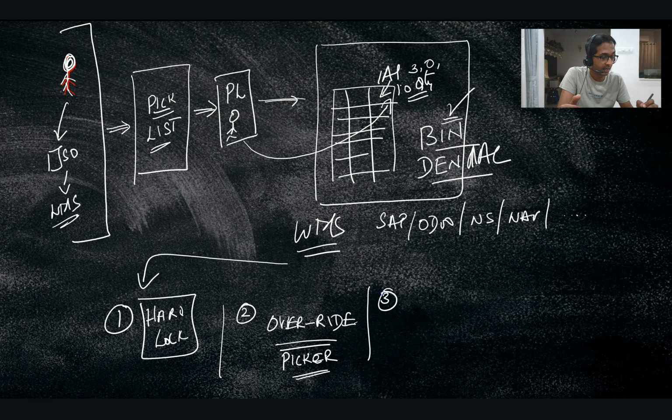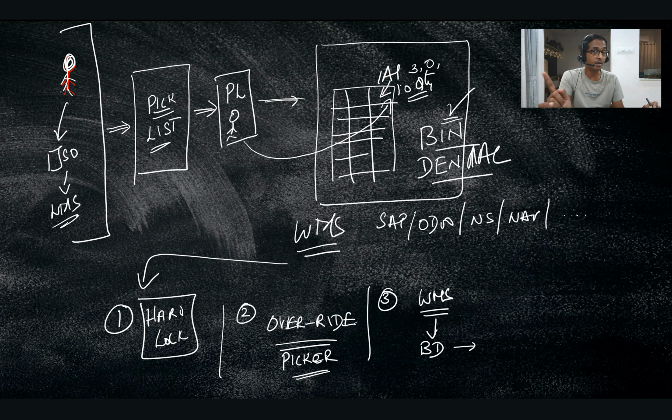The third one is a very intuitive one, wherein the WMS itself, the moment you mark it as a BD, bin denial, dynamically searches for an alternate location. Why? Because if the bin denial is not resolved, what is going to happen? A sales order which has been confirmed has to be taken to the customer and say, hey, you know what, it's going to take some time because we don't have the product, which is not a good customer experience, right?